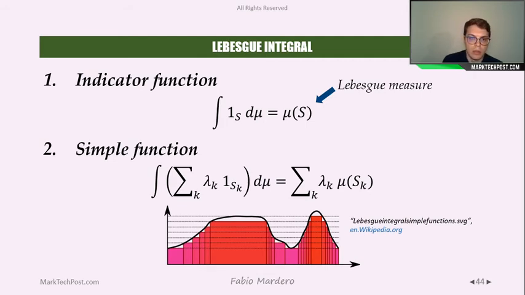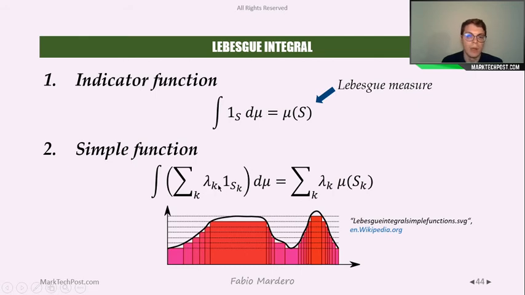So this is our first definition of Lebesgue integral. We will write the measure under this d by convention, and the integral of the indicator function is the Lebesgue measure of that set. Now let's define the simple function. It's a linear combination of indicator functions, as you can see here.